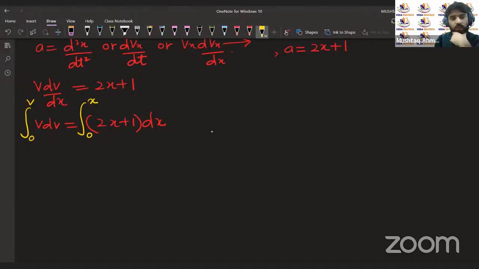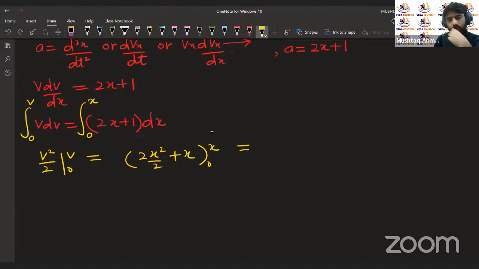So the integration of v with respect to v will be v square over 2 with the limits 0 to v, and the integration of the right side will be 2x square over 2 plus x with the limits 0 to x, right? So it will be equal to x square plus x.